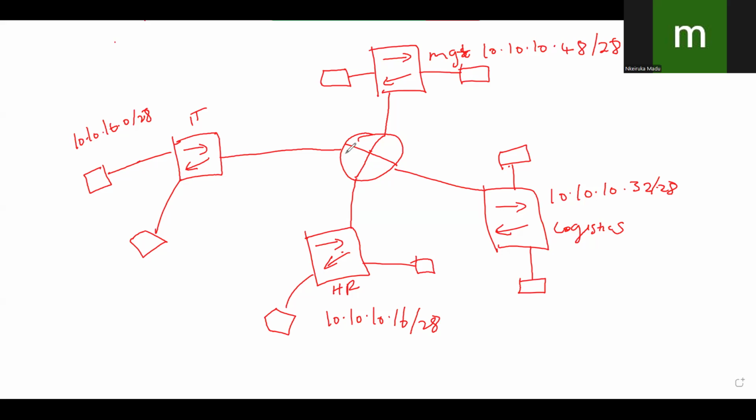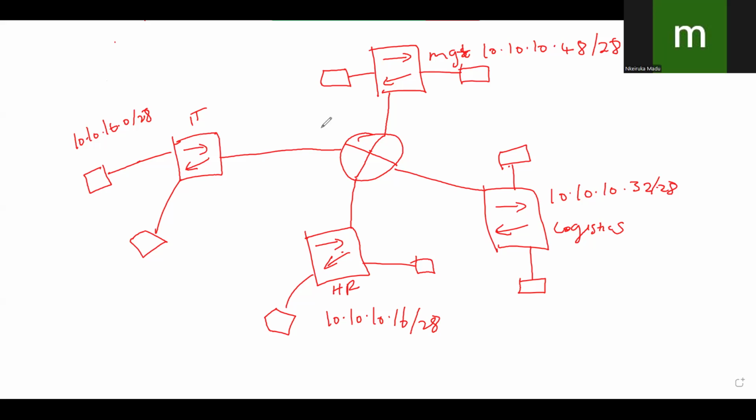To ensure that the router is able to recognize all networks, because the router is a layer 3 interface, it will be able to take in IP addresses, unlike a switch. A layer 2 switch, you cannot configure any IP address on it. But for this router, you can specify the IP address for each of these networks. That is how the router knows the IP network that it is responsible to route traffic to.